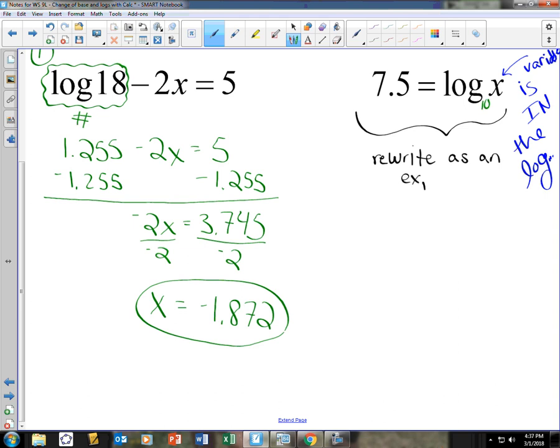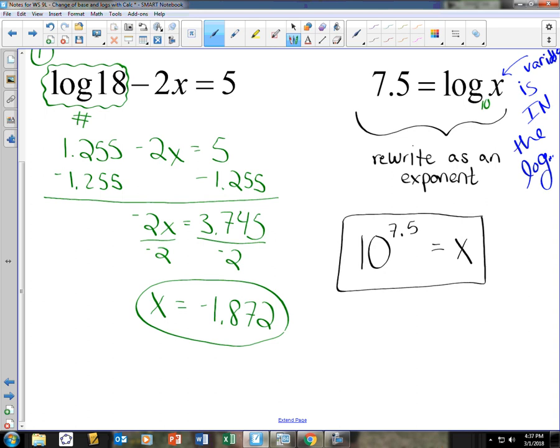Remember, a log is just an exponent problem. So this here is base 10 to the power of 7.5 will be equal to x. And then we can put that into our calculator, or you know what, that's going to be such a ginormous number, I'm just going to call that done and say that x is equal to 10 to the power of 7.5.